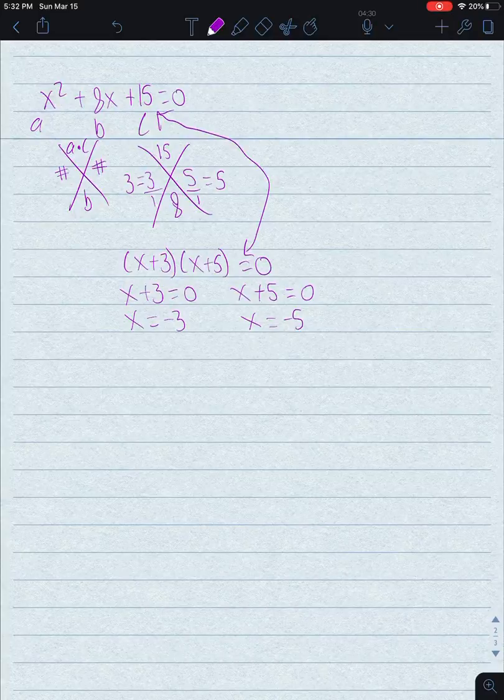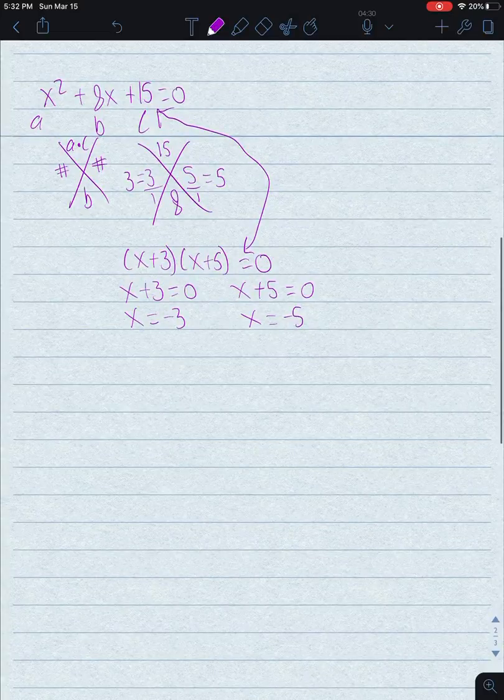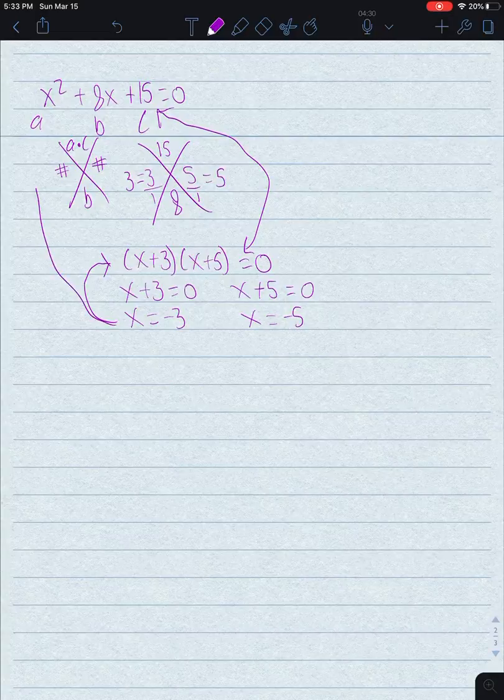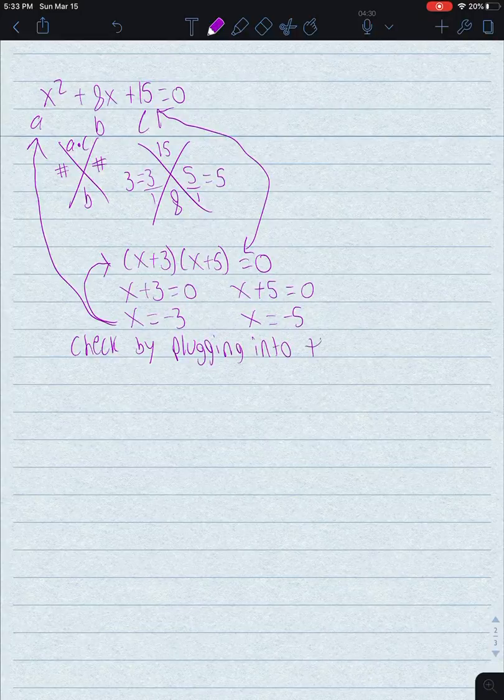So it looks like these are two values of x that will work if I plug it into, you could plug it into here, or you could plug it into the top one. For x equals negative 3, I'm going to check my work by plugging in the quadratic, and you could check it by doing it into the first one or the second one.